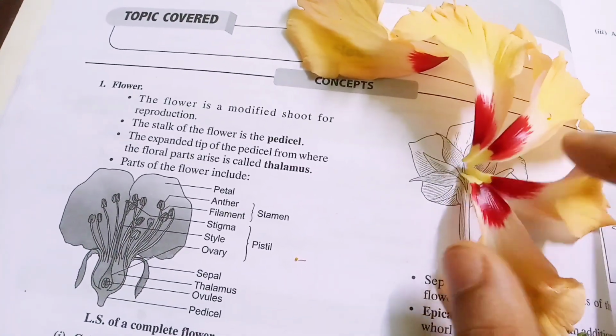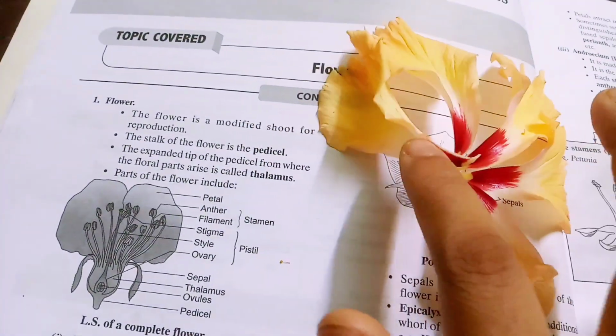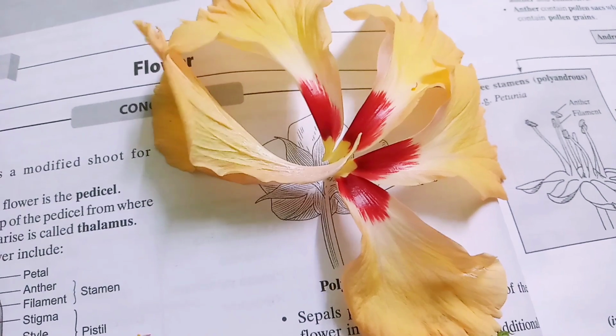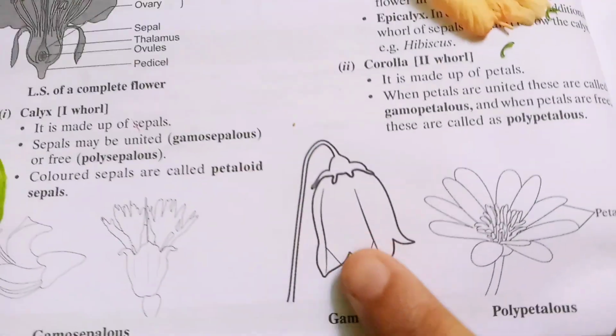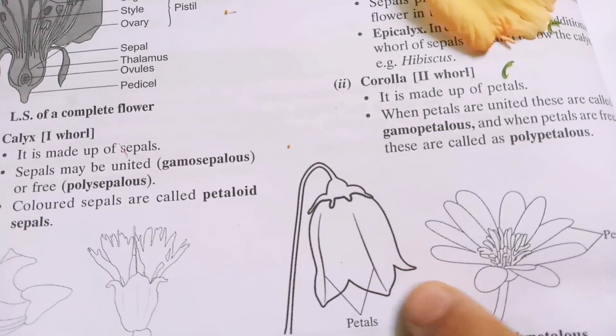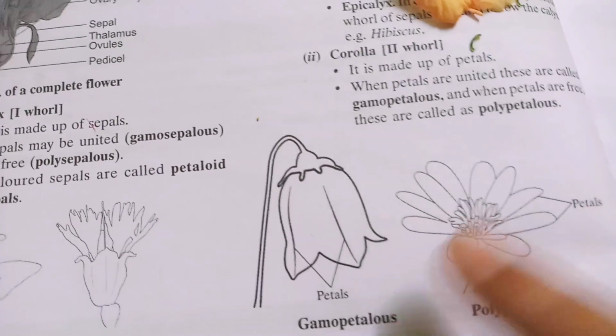They are not fused to each other. So this is known as polypetalous. Now, if the petals are fused with each other, forming this kind of bell-type structure, then this is known as gamopetalous.